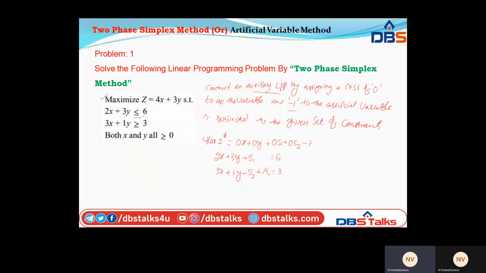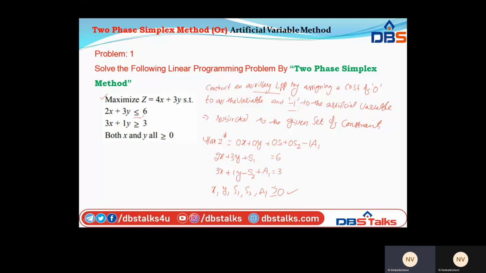So -1 a1. The coefficients of all the variables will be 0 and the artificial variable will have -1. This is the auxiliary LPP to solve phase 1. So you just copy this maximize z star, and at the same time lastly we need to write x, y, s1, s2, a1 greater than or equal to 0.